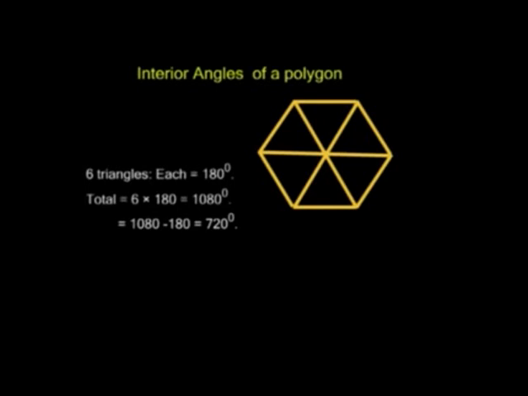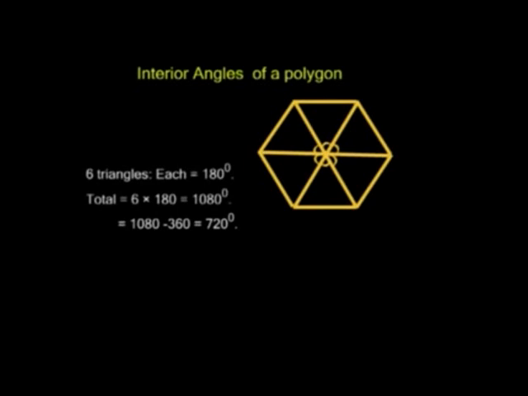However, remember the angles at the center were not part of the hexagon, and so we subtract them. They are angles at a point and they add up to 360 degrees. So we subtract 1080 minus 360, which gives us 720 degrees. Now you can use any of these methods to find the sum total of the interior angles of any polygon.